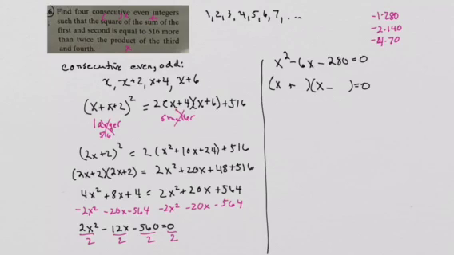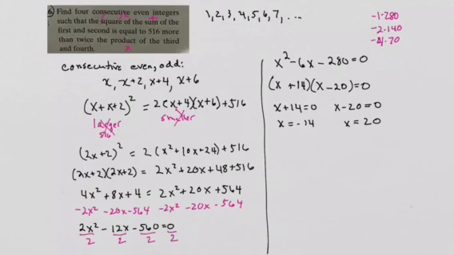And we just keep going, and I did this earlier, and I found 14 and negative 20. So 14x from the inners, negative 20x from the outers, that will add to that negative 6x. Let's set each factor equal to 0 then. So x is negative 14, or x is 20.